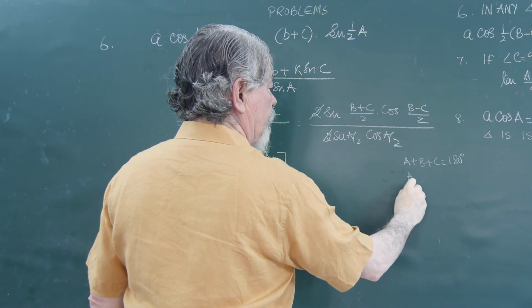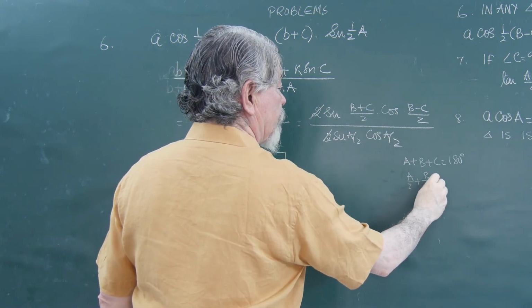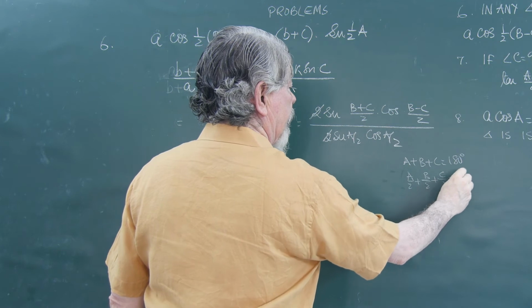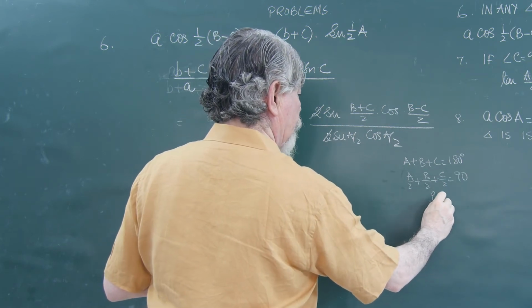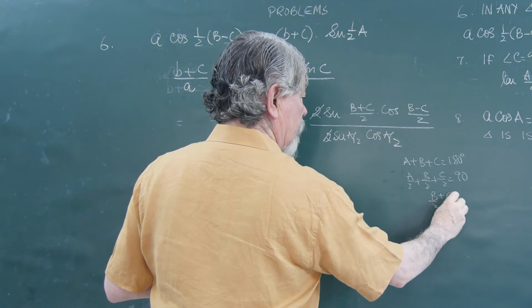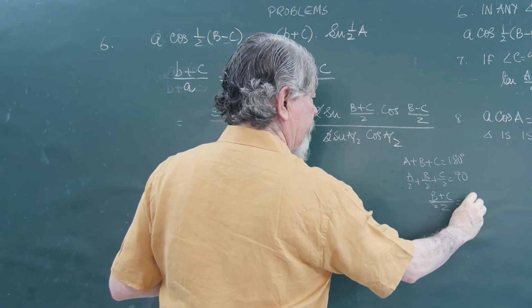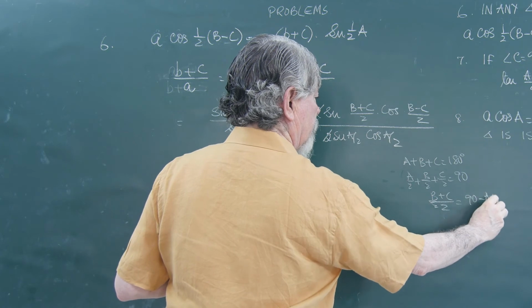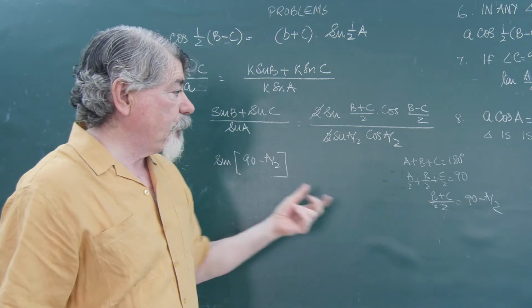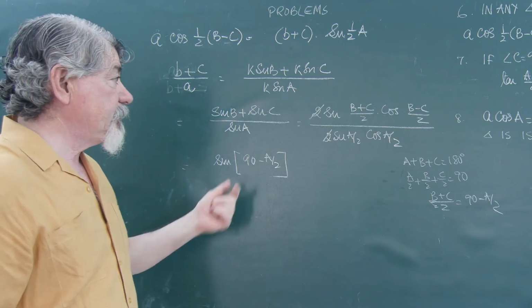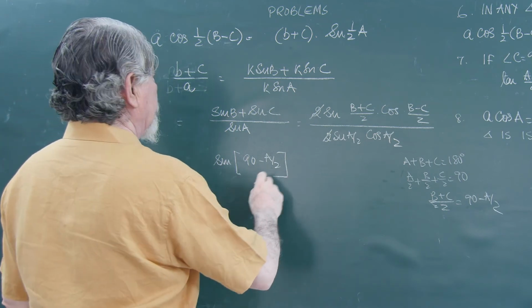A by 2 plus B by 2 plus C by 2 will be 90, so (B plus C) by 2 will be equal to 90 minus A upon 2. So instead of sine (B plus C) upon 2, I have written sine (90 minus A upon 2).